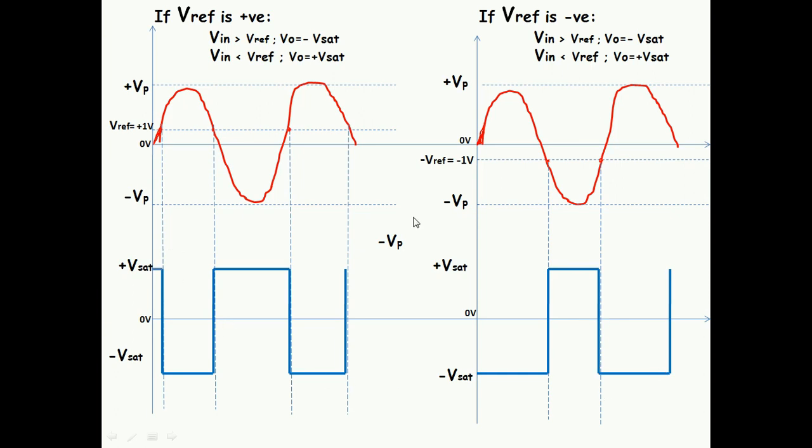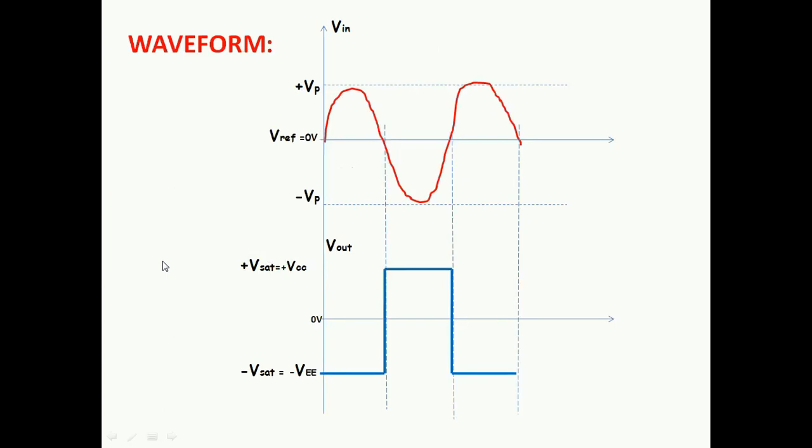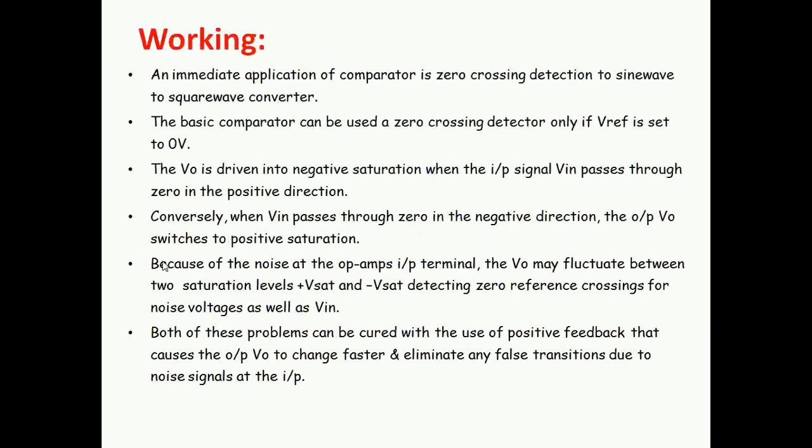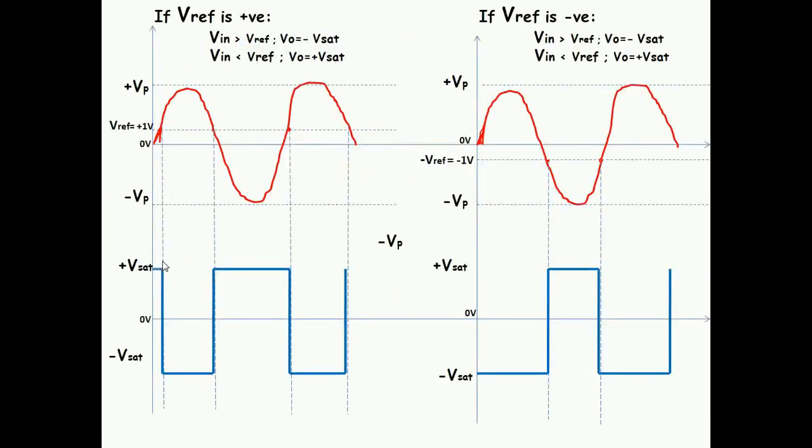So it performs exactly the opposite of the non-inverting comparator using operational amplifier. Previously, when Vin was greater than V reference, it was plus V sat in the case of non-inverting. Now it is minus V sat.